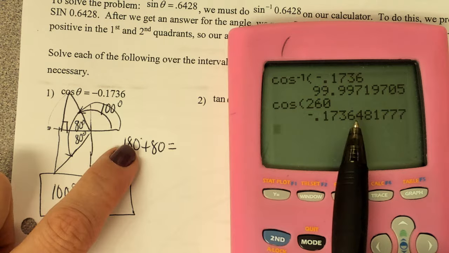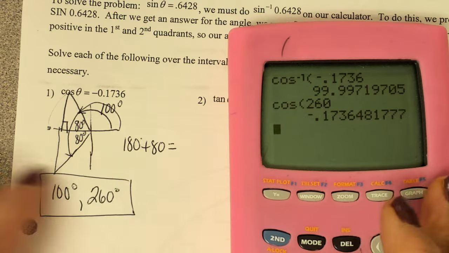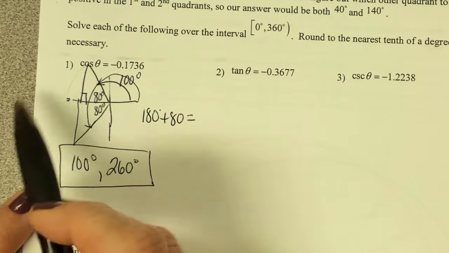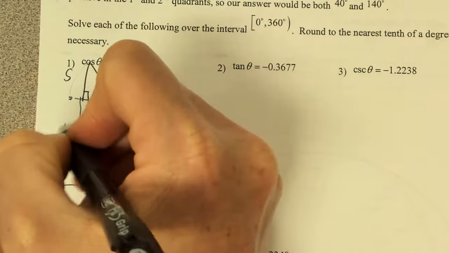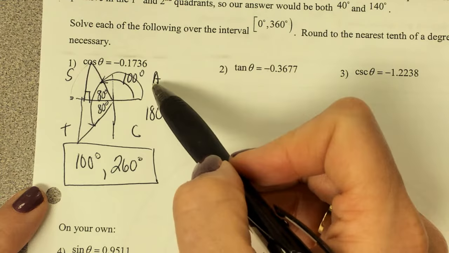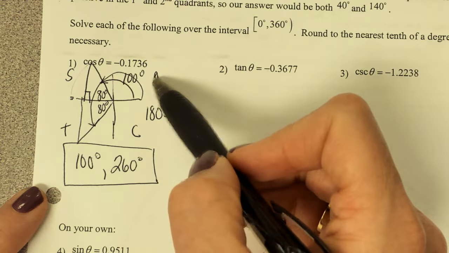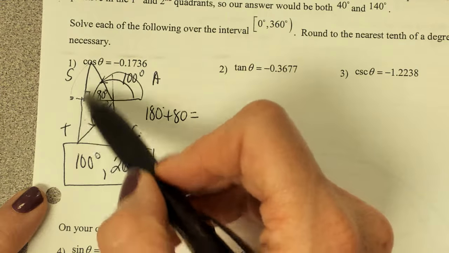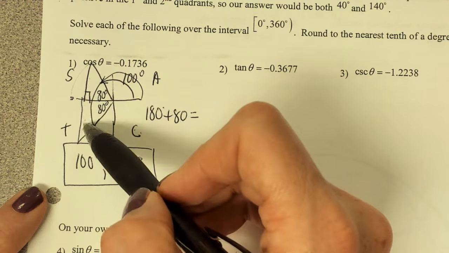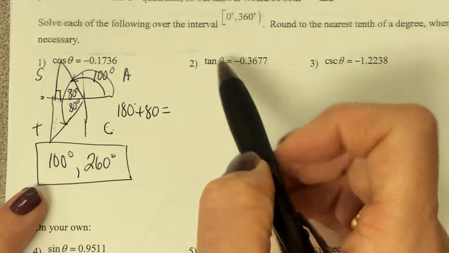What did we do a little bit ago? We rounded, so that's why it's not exact. Okay, the other way I could have thought of this is all students take calculus. I know that the cosine ratio is positive here and here. I have a negative cosine ratio, so that's why my triangles had to be here and here. I'm going to do this one that way.